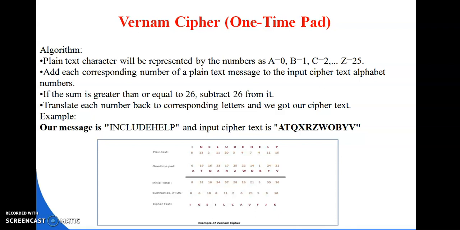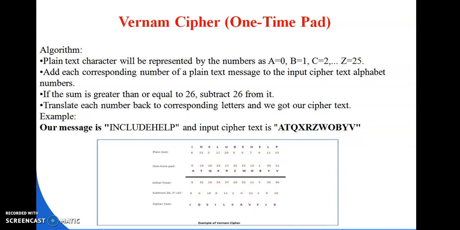So here plain text characters will be represented by numbers as A equal to 0, B equal to 1, C equal to 2, and Z equal to 25. That means you have to number the alphabets from A to Z, starting from 0 and ending at 25.